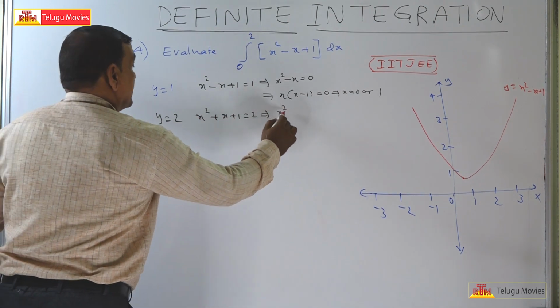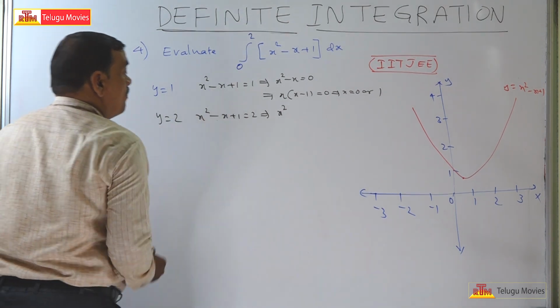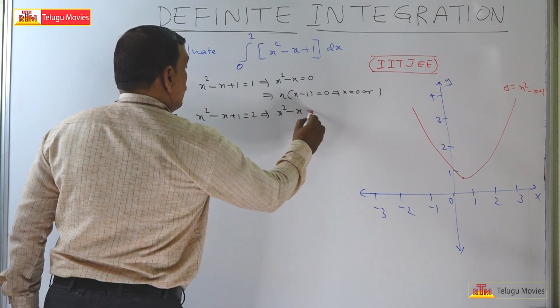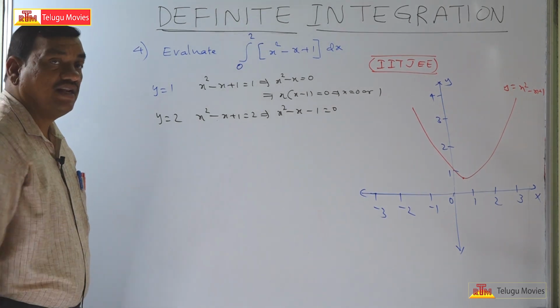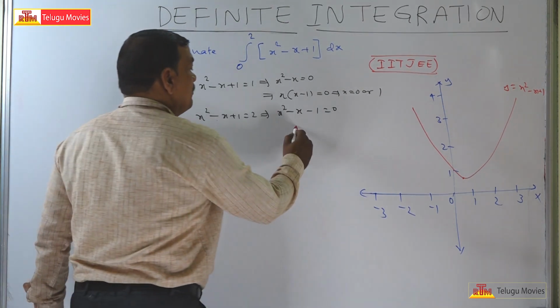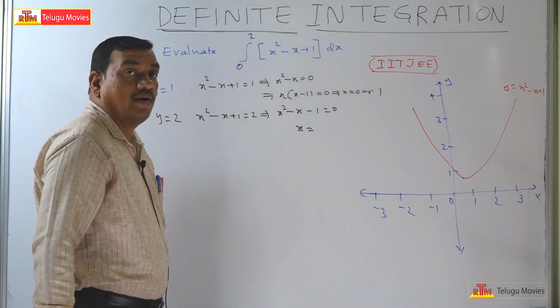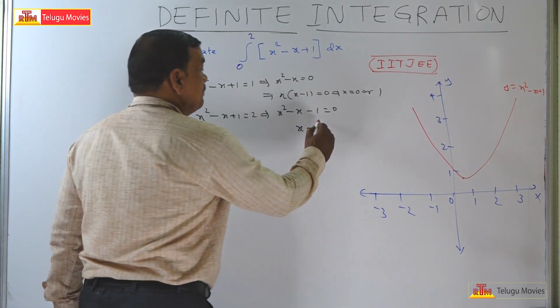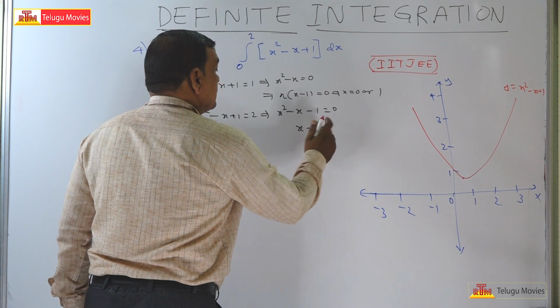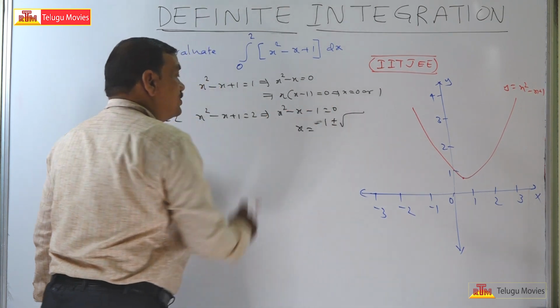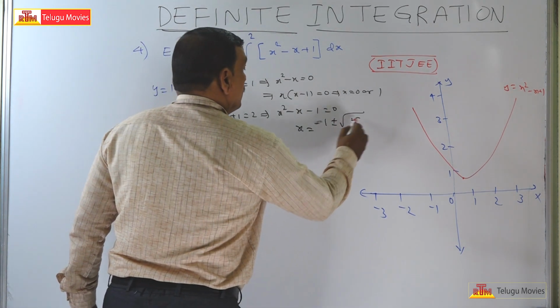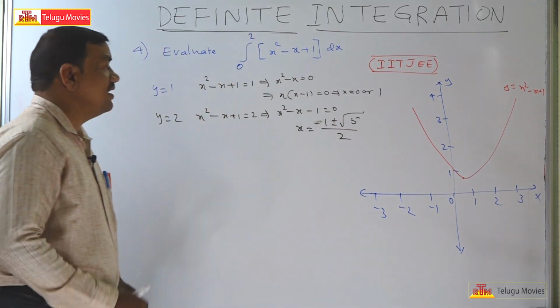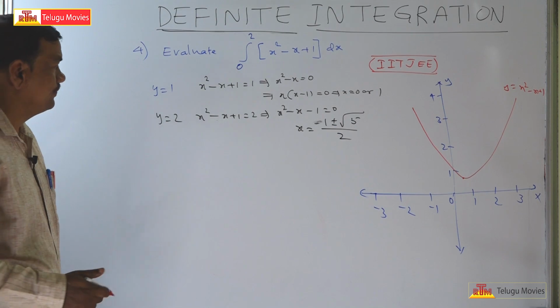This implies x squared minus x minus 1 is equal to 0. Therefore, using the quadratic formula, minus b plus or minus root of b squared minus 4ac, over 2a, your x value is 1 plus or minus root 5 by 2.